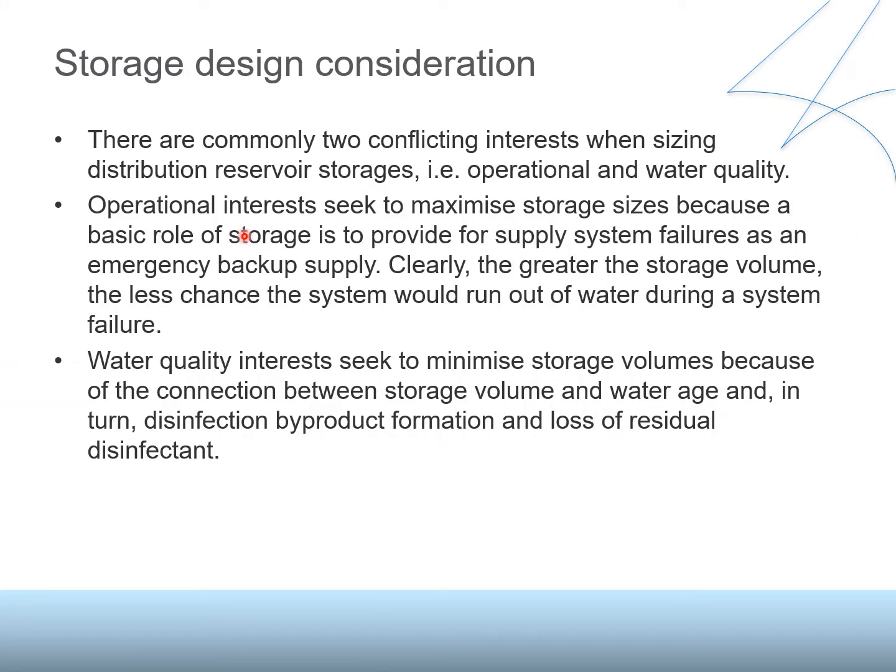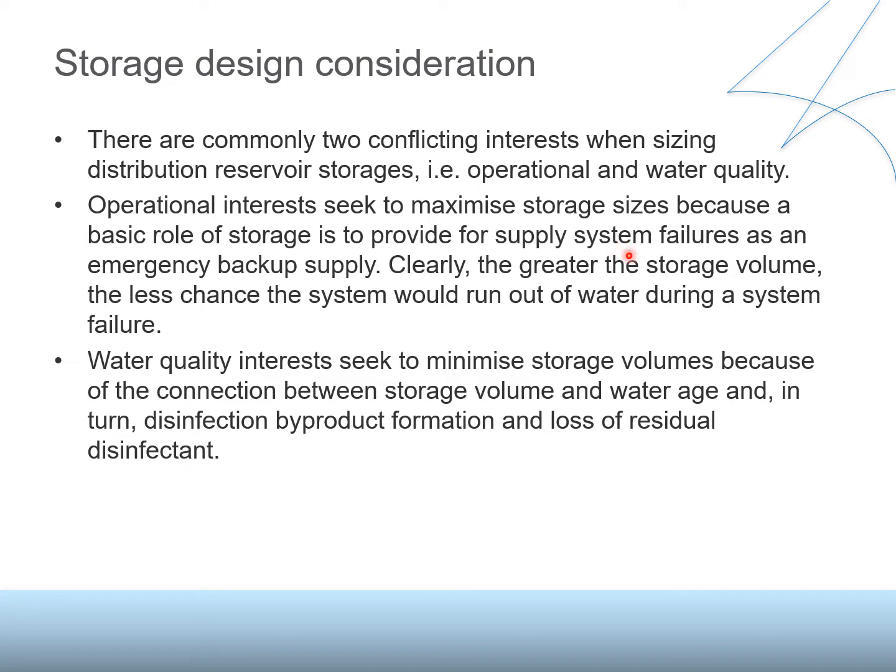Now, what are the things you need to consider when you design the storage? So there are basically two conflicting interests. One is from the operational aspect, and the other one is from the water quality aspect. From the operational aspect, we want to maximize the storage size, because we know the basic role of storage is to provide water during the failures and during the emergency.